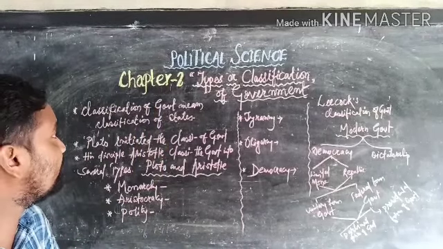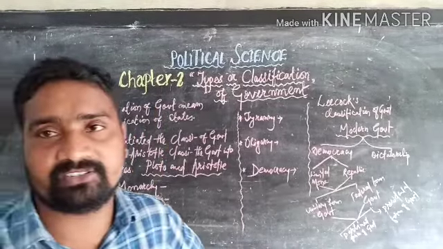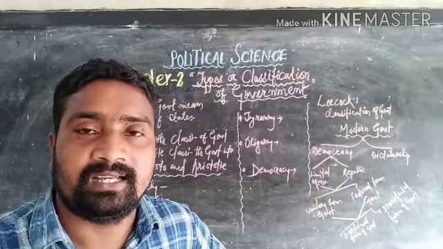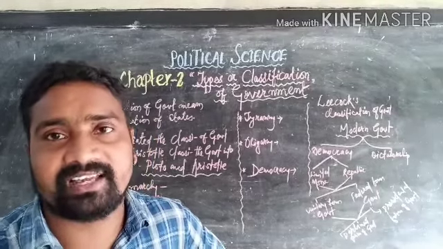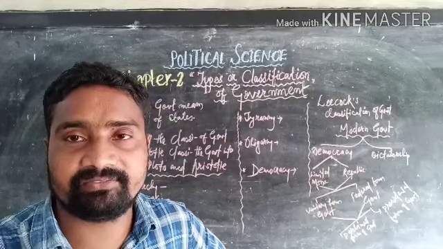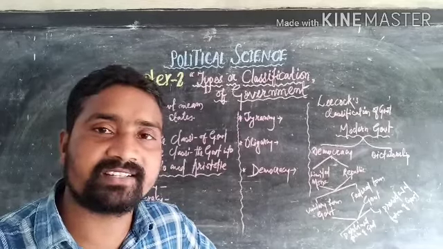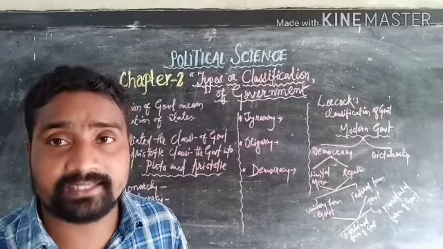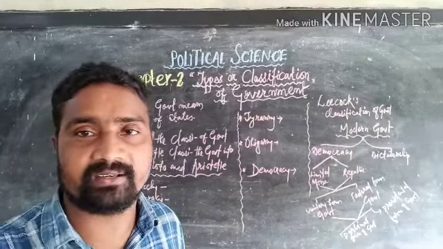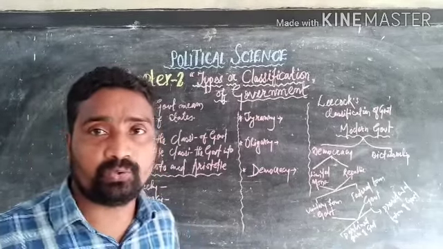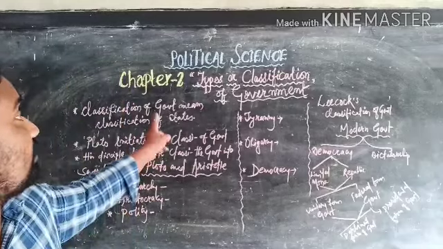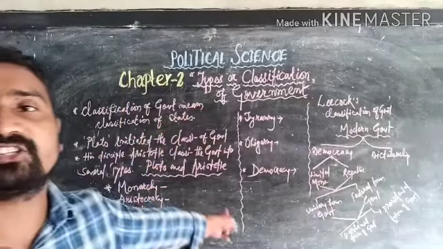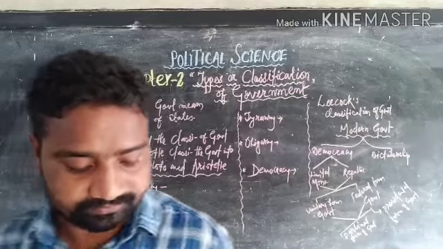Types or classification of government. I believe in one section I have completed half, and in the other section I have not yet begun. So let's begin from the beginning. Okay? So, types or classification of government.